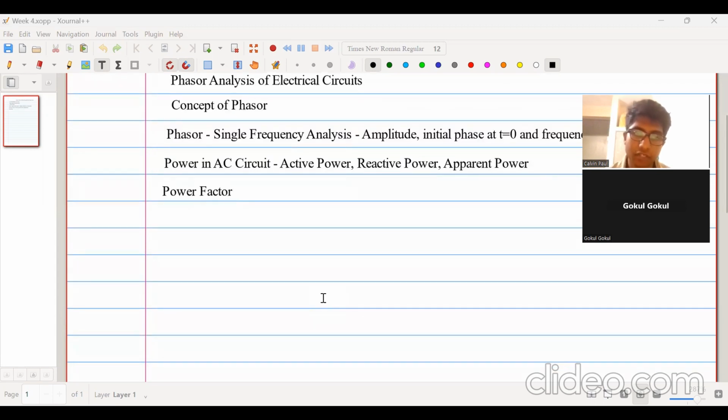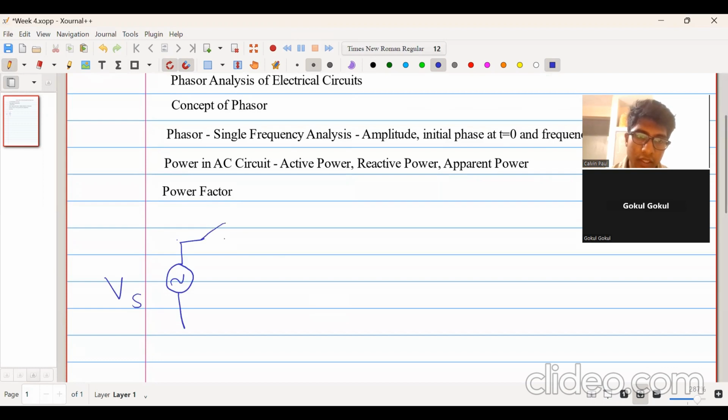We have a voltage source and the switch is closed at t equal to 0. We have a resistor as well as an inductor.